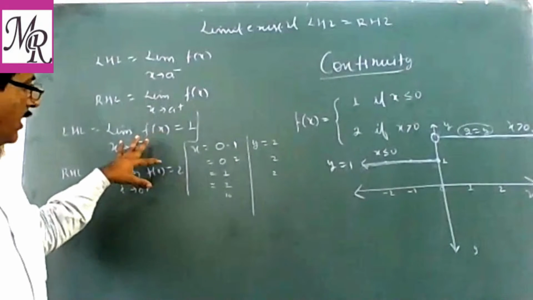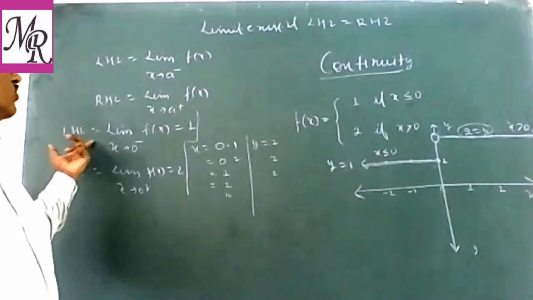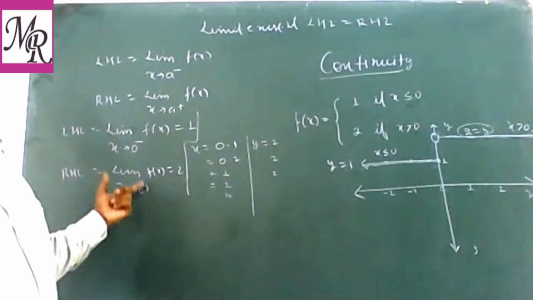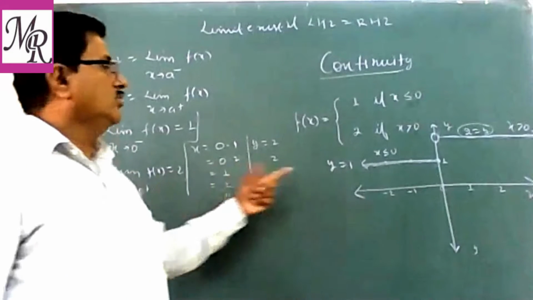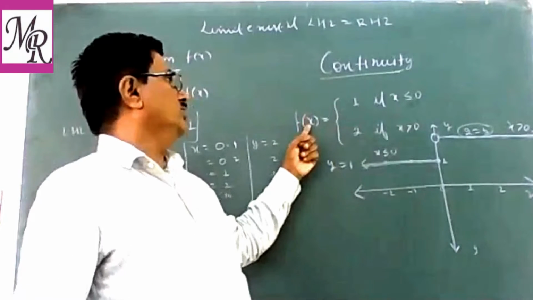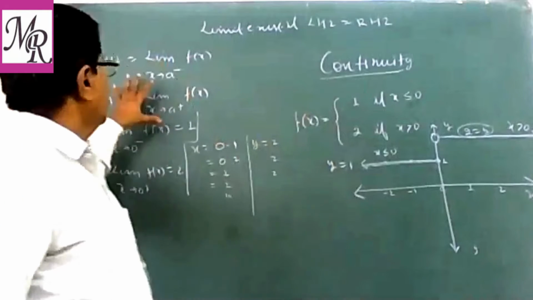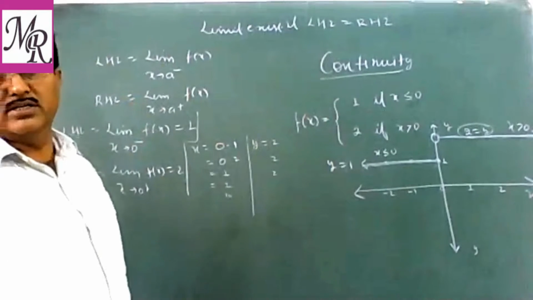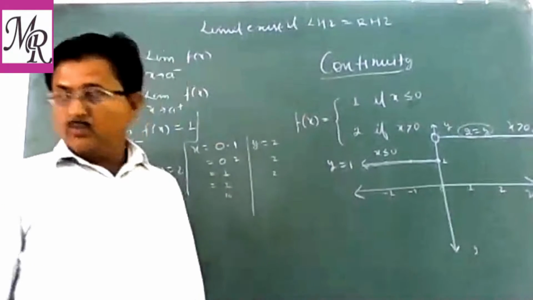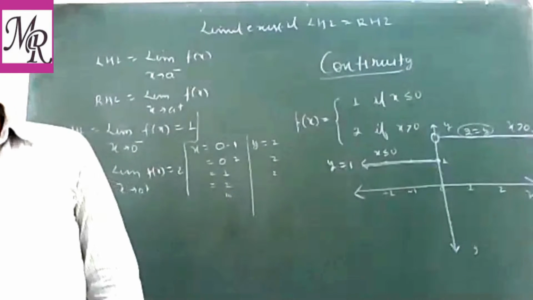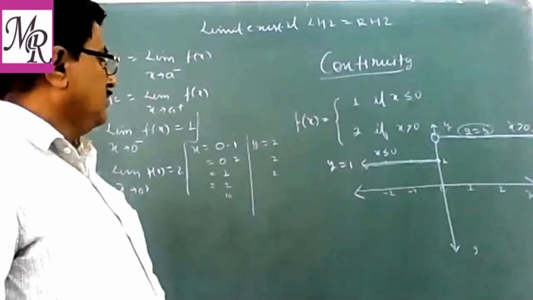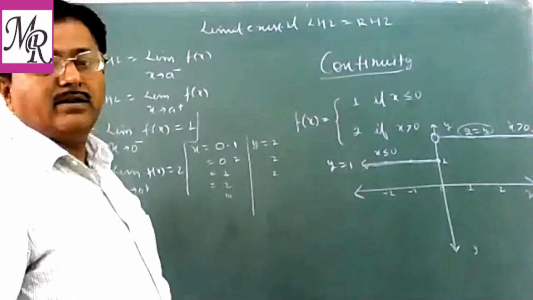Or in other words, to be continuous, both should be equal. If the graph is continuous or function is continuous, then the left hand limit equals the right hand limit. Means limit should exist. Is it clear?